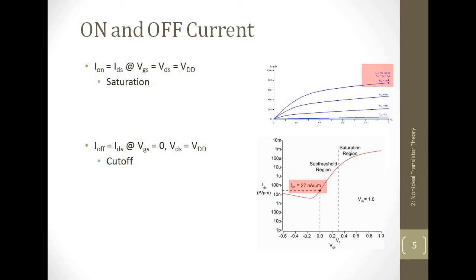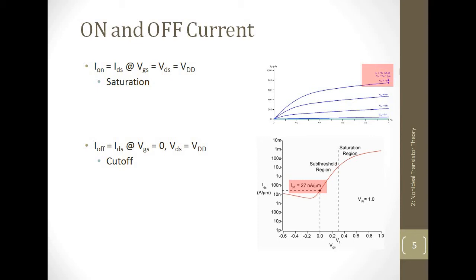That means there is no input voltage, even though VDS is VDD. Even though you apply the drain voltage, if you do not apply the gate voltage, there is no formation of channel, there is no movement of electrons, and there is no current flowing. So we say the current is off.